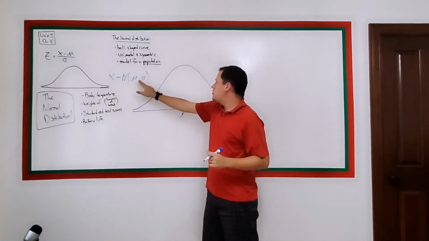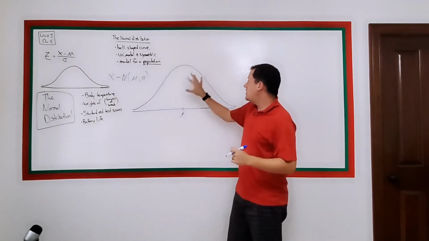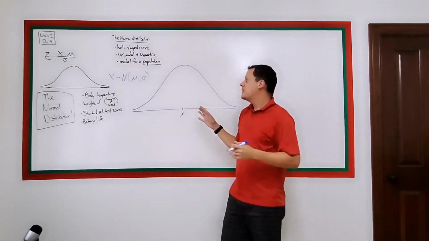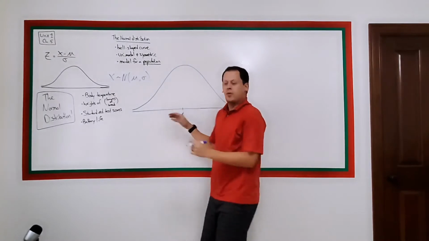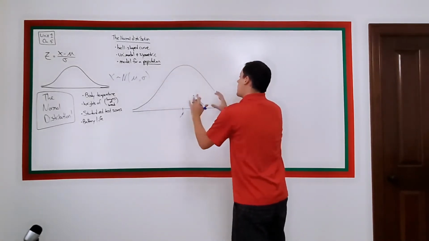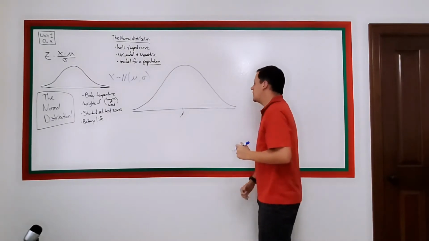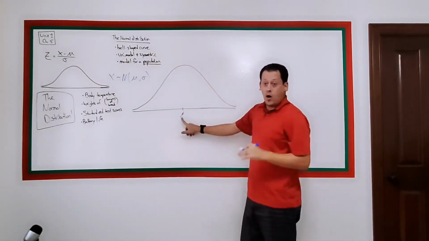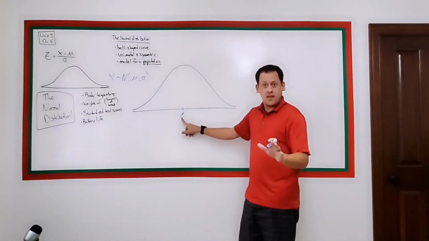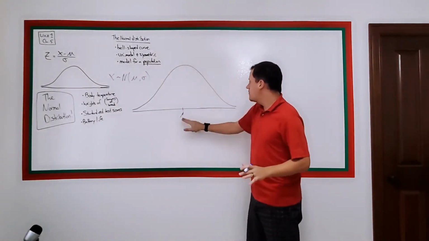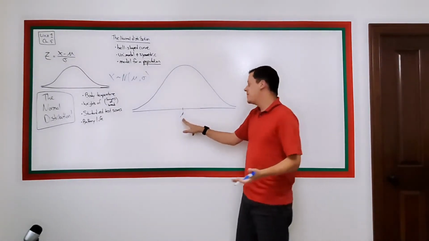And so just by changing these two numbers, we can make this curve have the same basic shape, but it could either be flatter or narrower or shifted anywhere along the line. So the mean will always be in the middle though, because it's the mean, and since this is a symmetric curve, that mean is in the middle.